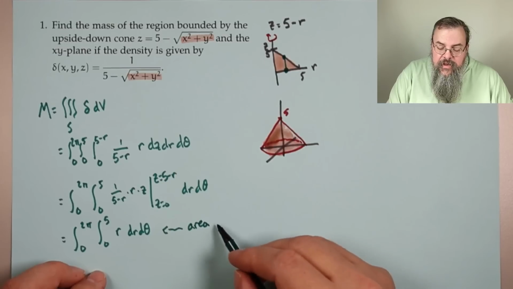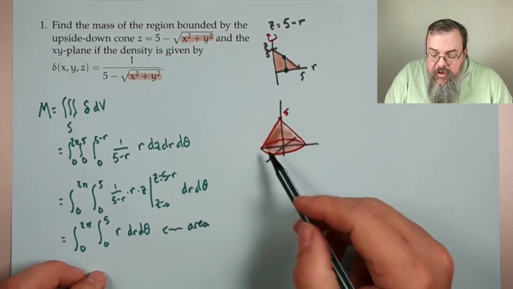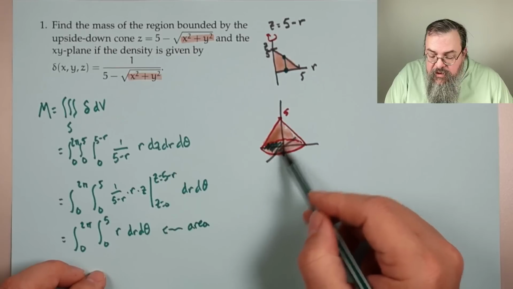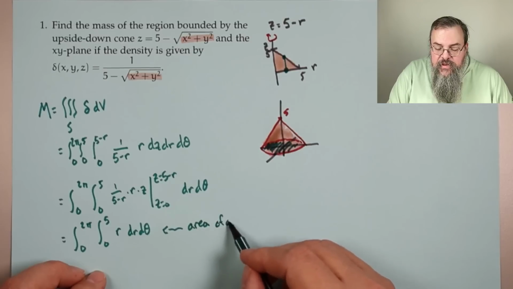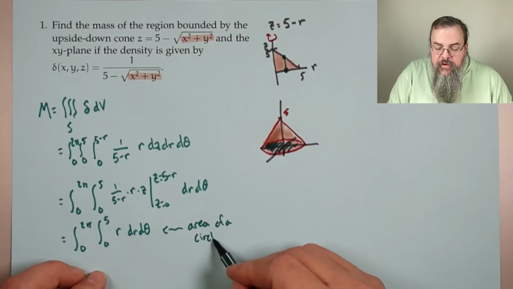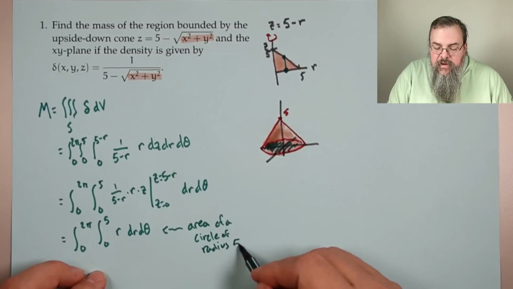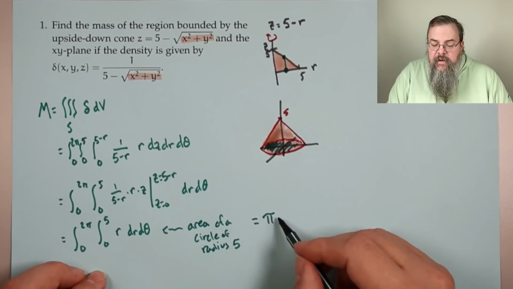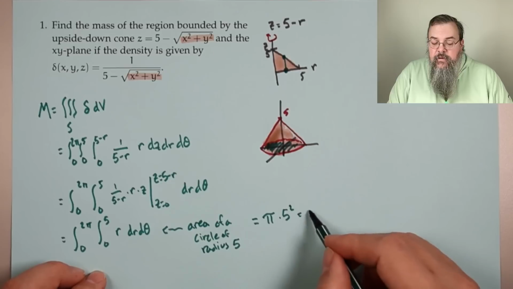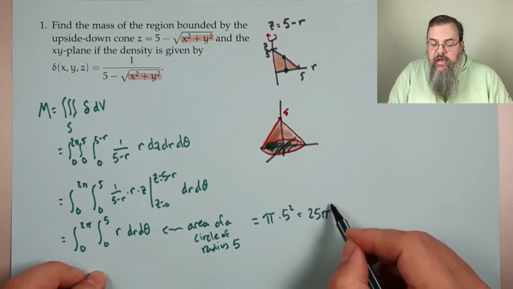If you come here to the xy plane, it's this area right here. So this is the area of a circle of radius 5. And we know how to find that area. And so this gives us pi r squared, or 25 pi.